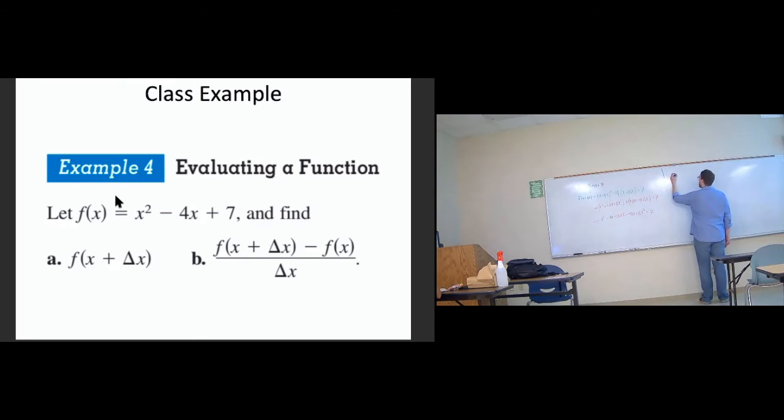Now, we're going to answer B. What is f of x plus delta x minus f of x, over delta x? I promise the answer is not torture, in spite of the fact that it may feel like torture.